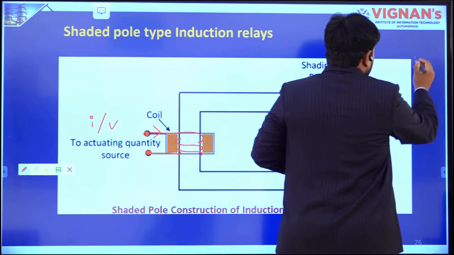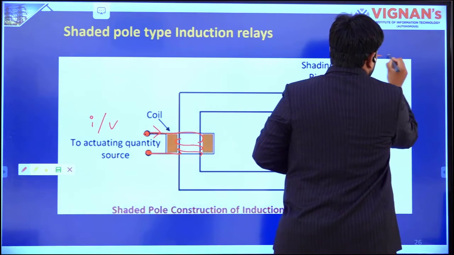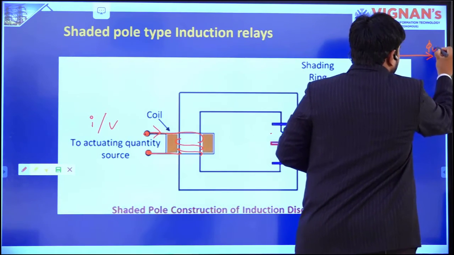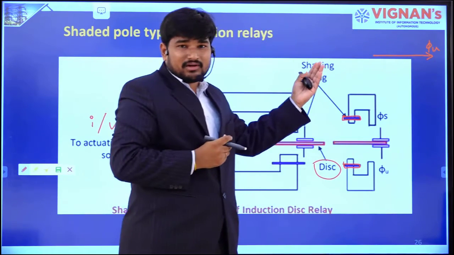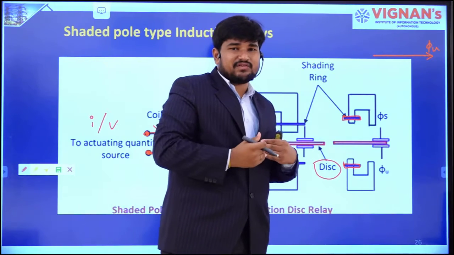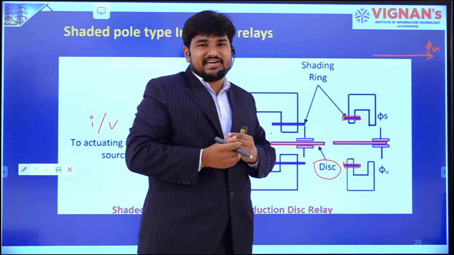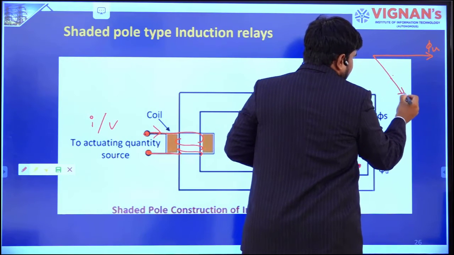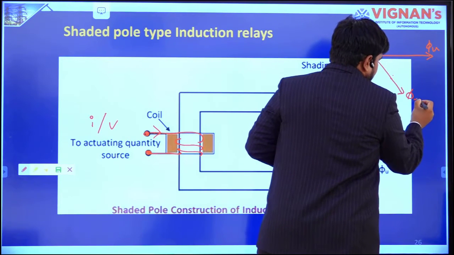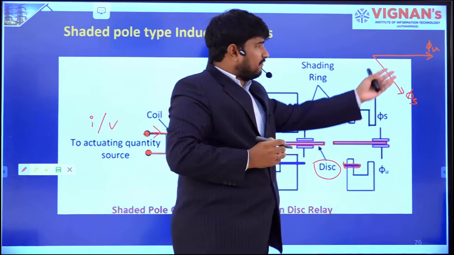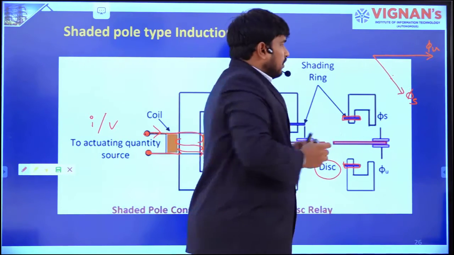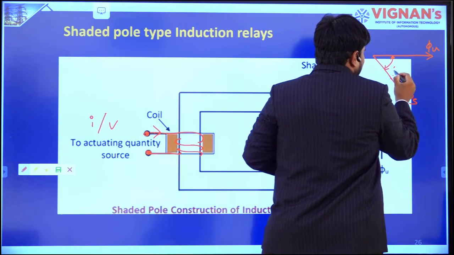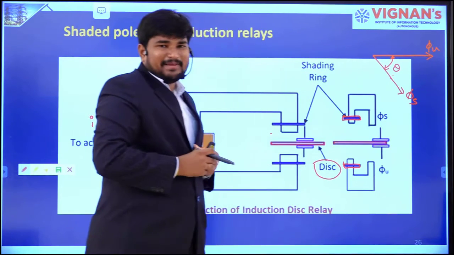Here we have the unshaded pole flux. In previous classes we have discussed that the shaded portion flux will lag behind the unshaded region, that is, phi s is lagged with phi u. So the difference between these two, let it be theta.